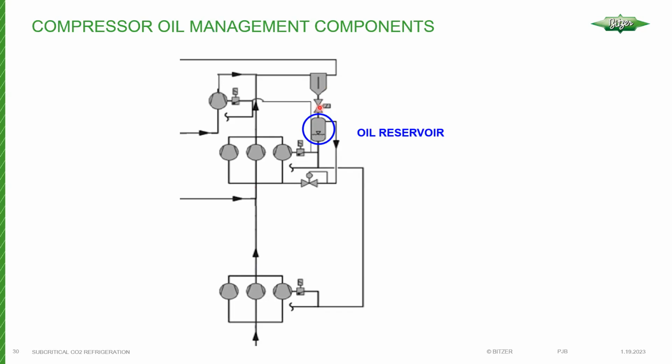The solenoid opens, allowing the oil to transfer into the oil reservoir. Then once the optical switch determines that there's no oil left, we've drained the oil out, we don't want to leave this valve open, so it will close. So that's, at a high level, how this type of system works.